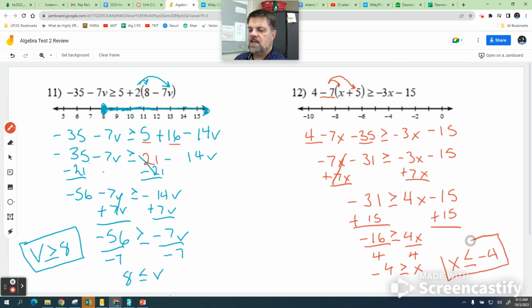So that would be the less than symbol, right? So at negative 4, I'm going to close the circle, and I'm going to highlight everything to the left, anything less than. Okay? Any questions on that one?